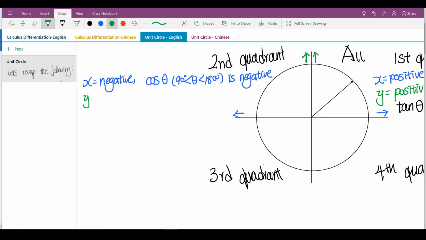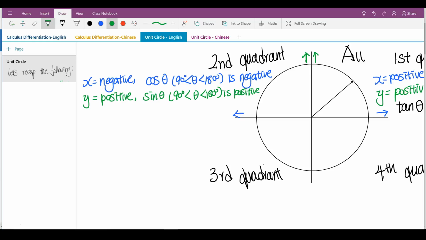So y is positive, and therefore sine theta, given that theta is less than 180 and bigger than 90, is positive.